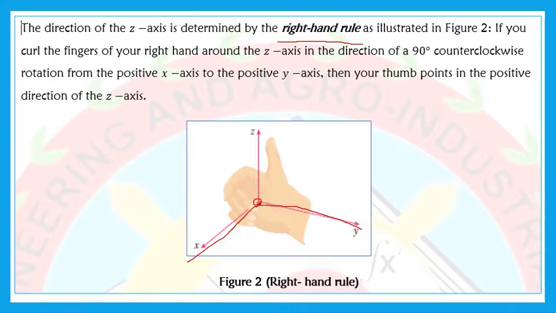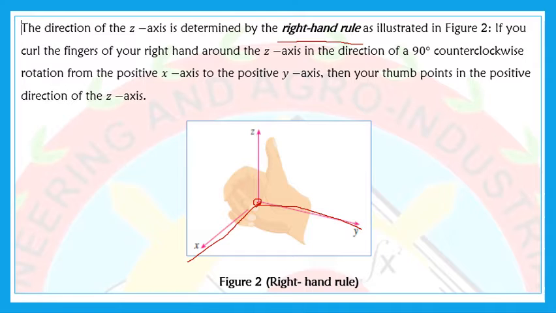This is the y-axis. So if you curl the fingers of your right hand around the z-axis in the direction of a 90-degree counterclockwise rotation from the positive x-axis to the positive y-axis, then your thumb points in the positive direction of the z-axis.